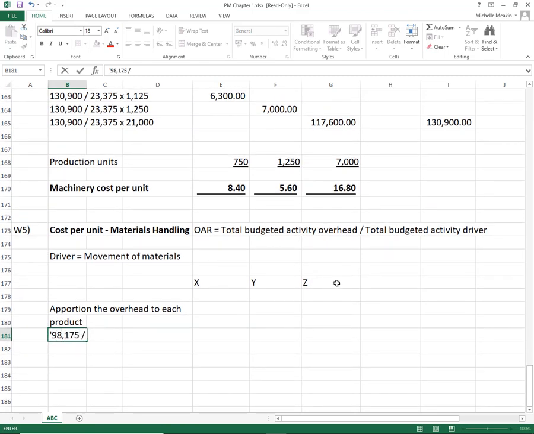I will divide that by the total number of movements of material, 120, times it by the movements of material for product X, 12. And I will replicate that working for each product. Divide by 120 times by 21 for Y. Divide by 120 times by 87 for Z.